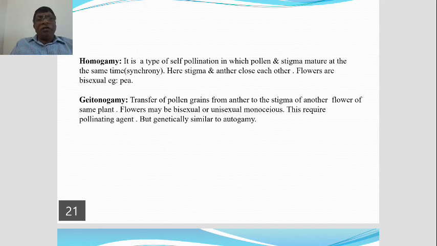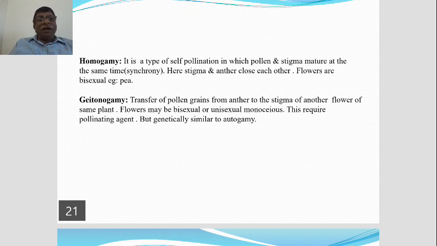It is a type of self-pollination. Why should we consider it self-pollination? Because the genes are not coming from the outside.